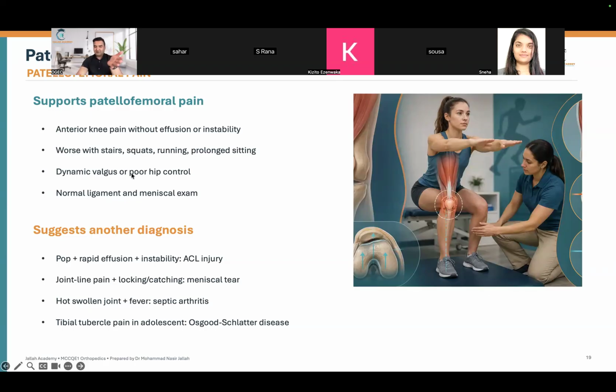The reason they have dynamic valgus or poor hip control is why they call it patellofemoral. Normal ligament and meniscal examination suggests another diagnosis.